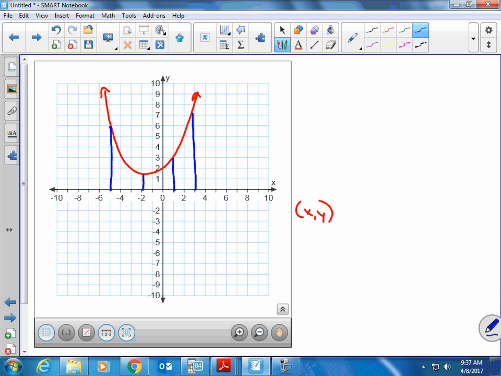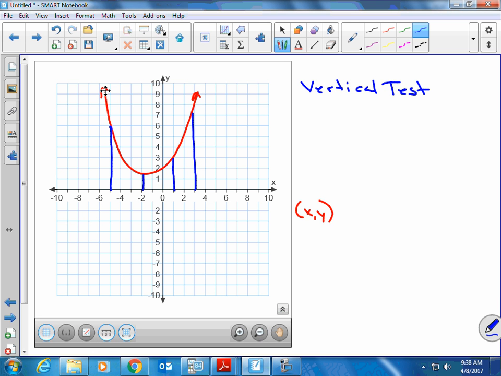The vertical line test says that if you draw a vertical line anywhere on your graph, and it passes through your graph more than once, it is not a function. It's still a relation. It's not a function.